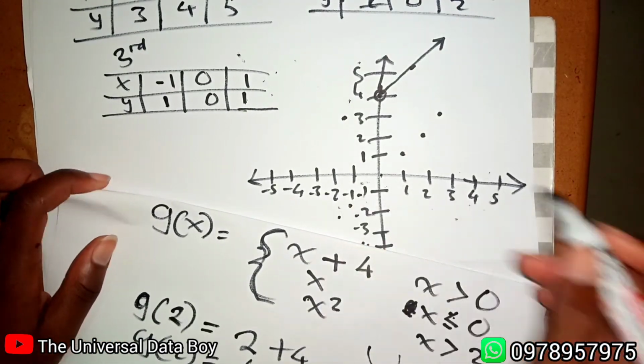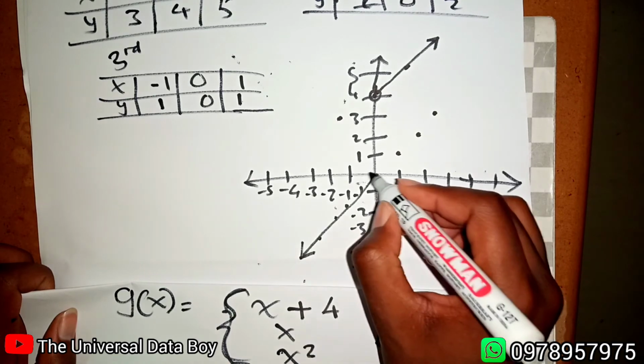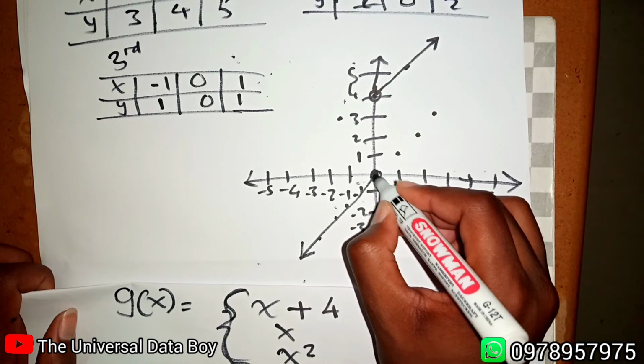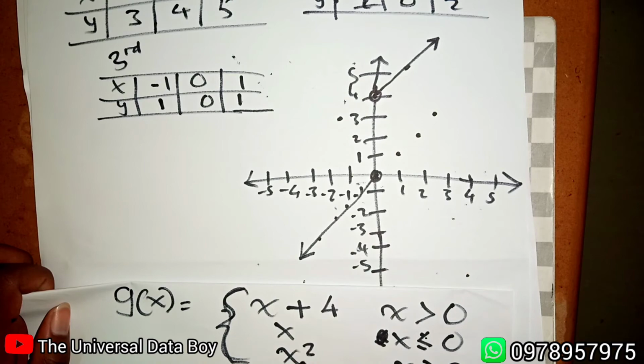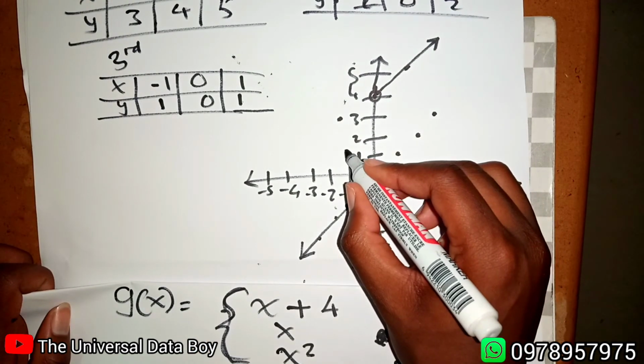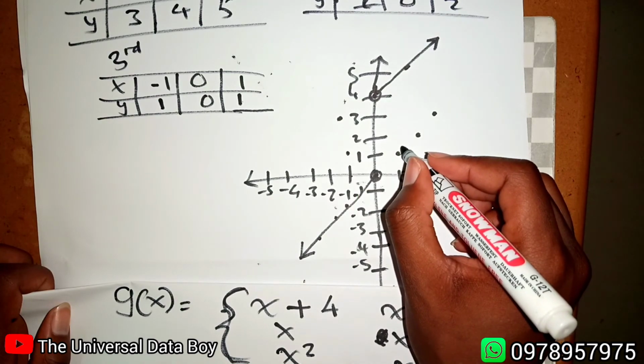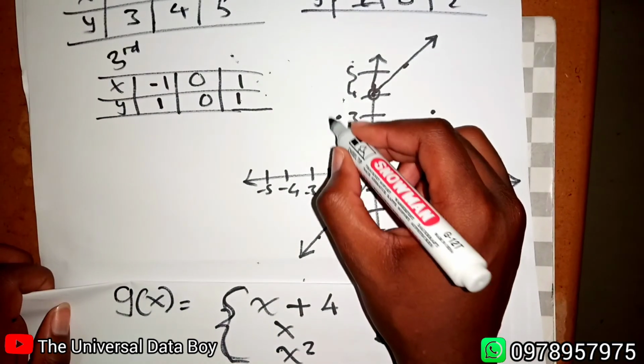The values of x are always less than 0. So now it can go this side, and here we'll have a closed circle because it's greater than or equal to. And then for this one now, you have got your -1, 1, 0, 0, 1, 1 as well. So this function is actually coming something like this.